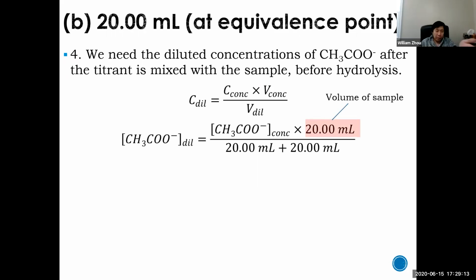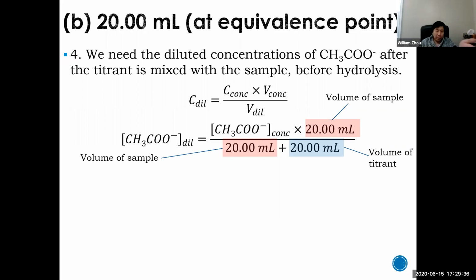We need to divide by the total volume after the dilution. Well, it is basically the sample plus the amount of titrate you added, which is 20, so it's 20 plus 20. The question is, what is the concentration of the acetate in the original solution before you dilute it?